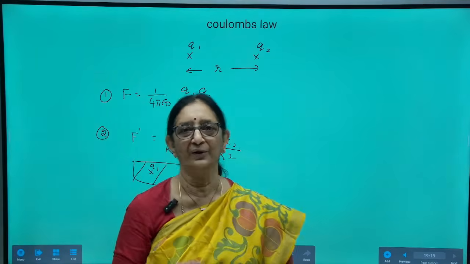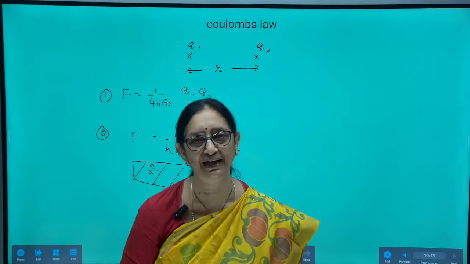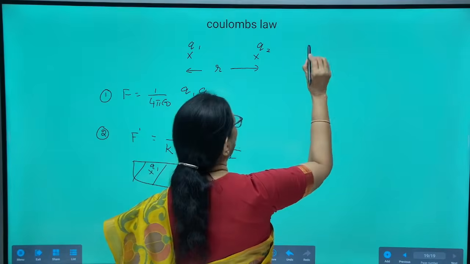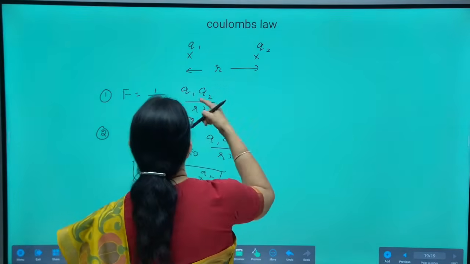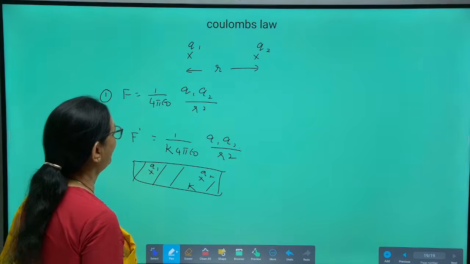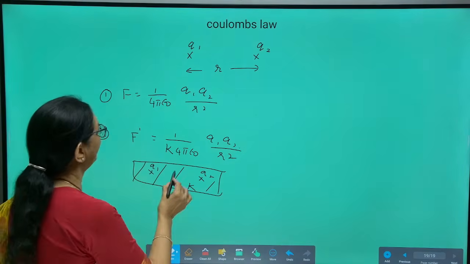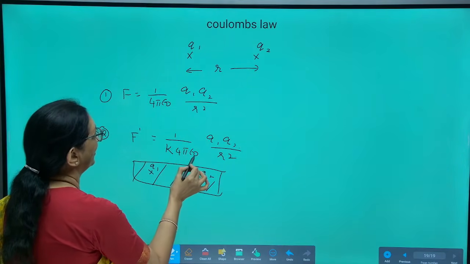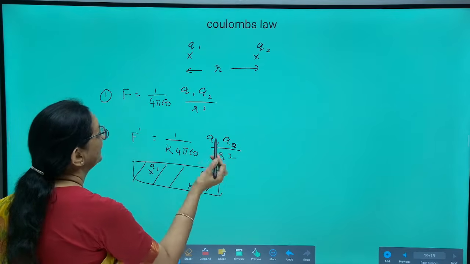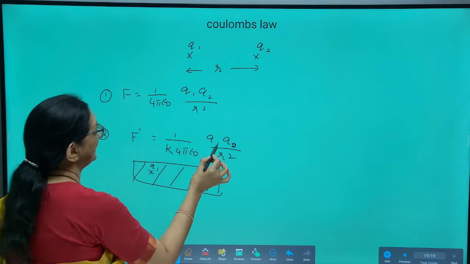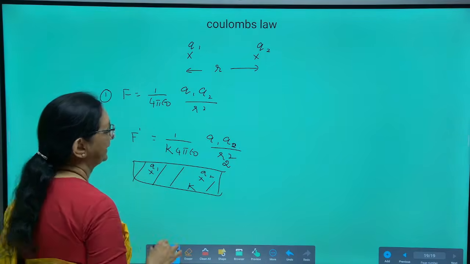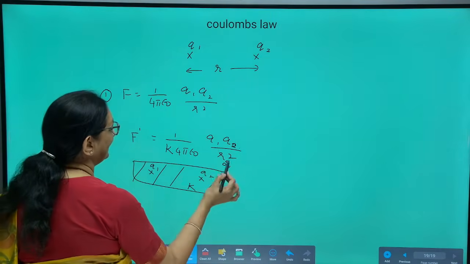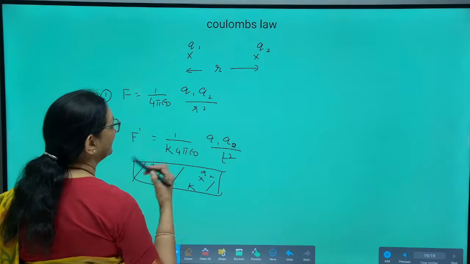Now, we are going to find out the equivalent thickness of dielectric. So, we will see what it means. See here, in air between two charges the force is 1 by 4 pi epsilon naught Q1 Q2 by r square. Now, in a medium of dielectric constant K, the force between them is 1 by K times 4 pi epsilon naught Q1 Q2 by, suppose the distance is r2, or the thickness of the dielectric medium used is T, so T square.